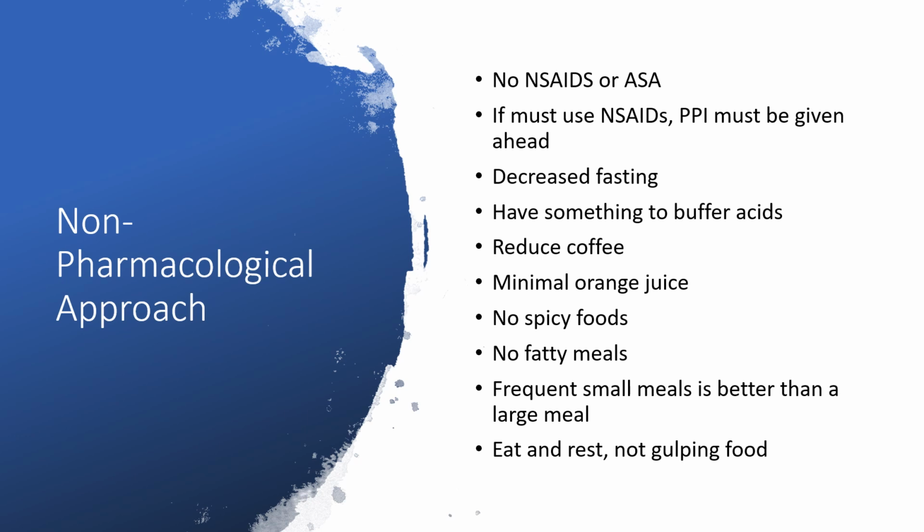But if non-steroidal anti-inflammatory drugs must be used, like in the case of aspirin in a man post-myocardial infarction, then a proton pump inhibitor must be given to be taken ahead of the aspirin. Okay?